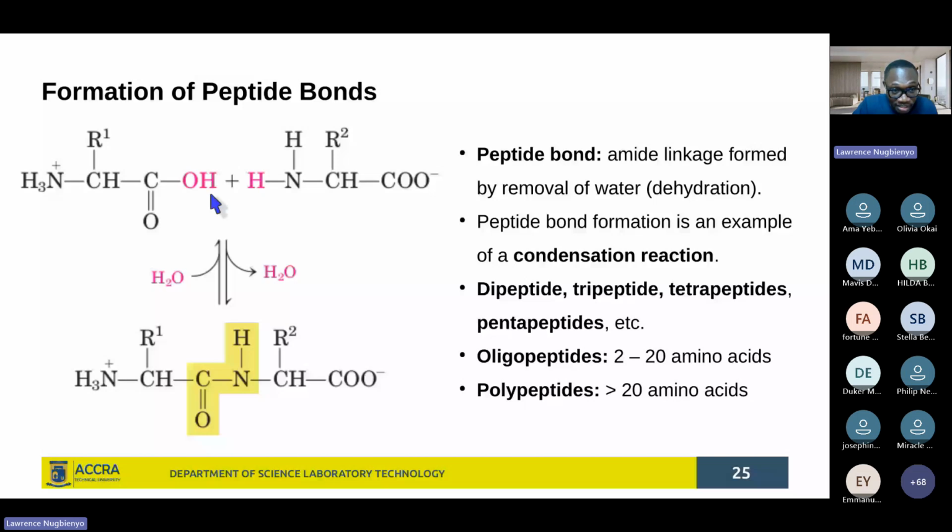But this time around, it is this hydroxyl group which is reacting with that hydrogen. Now, the NH2 is also not an acid. An amine group is actually basic. So we can't say this is an acid-base reaction.